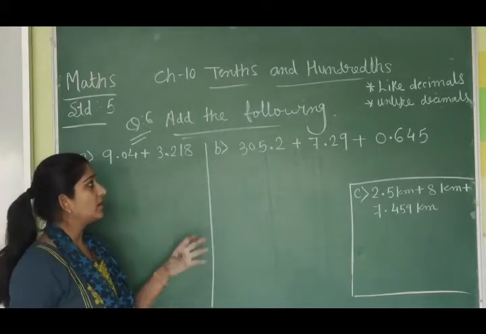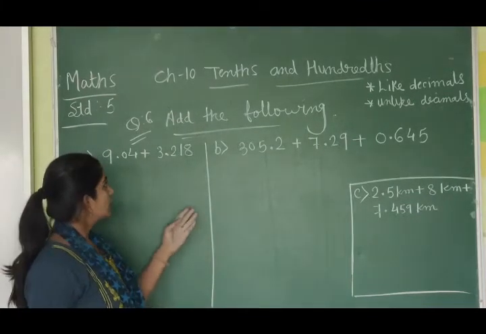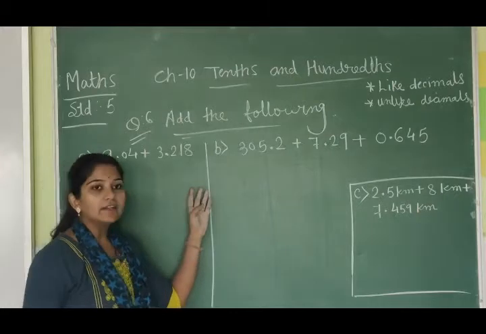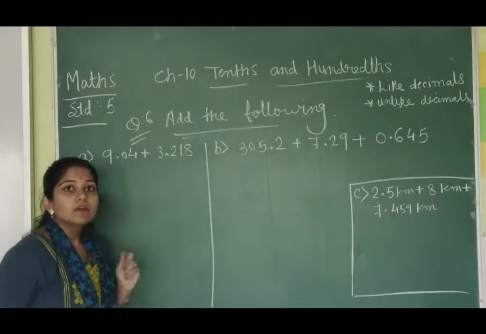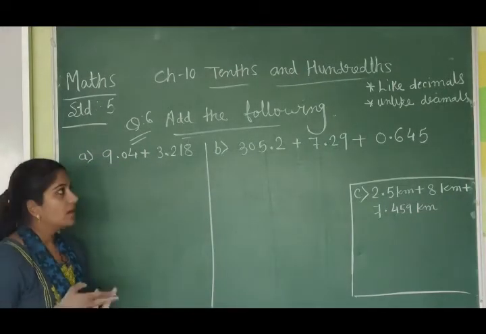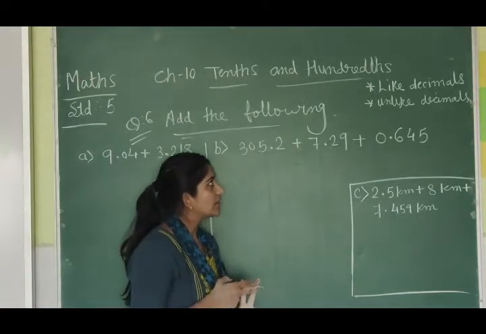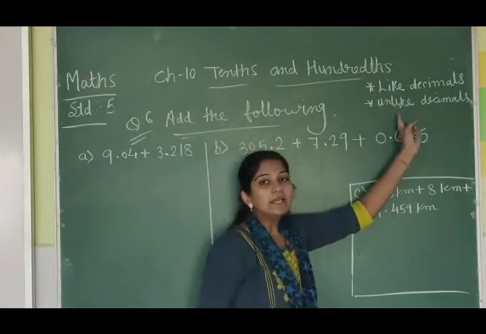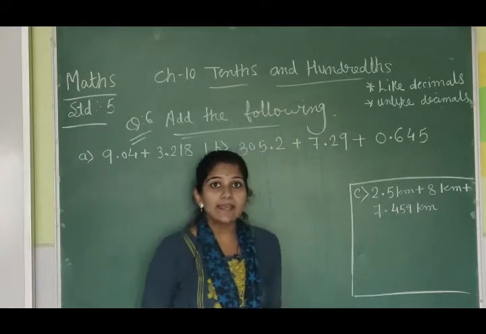You have to do addition, but as you can see these are numbers in decimal form. Okay, so there are two types of decimals, like decimals and unlike decimals. So what is like and unlike?